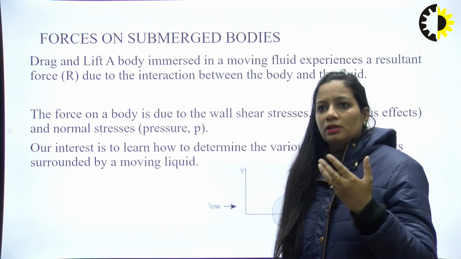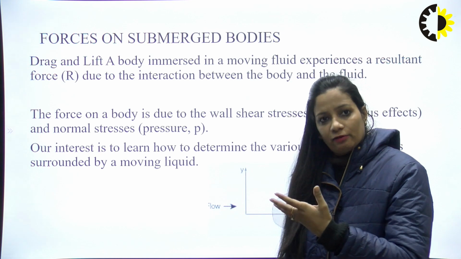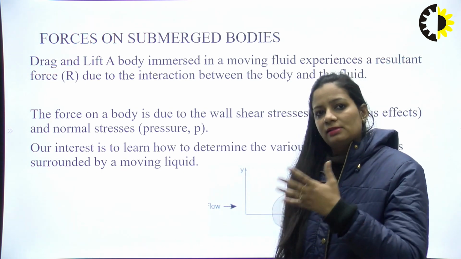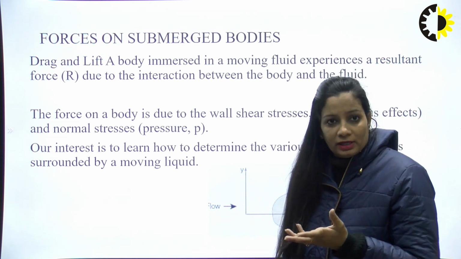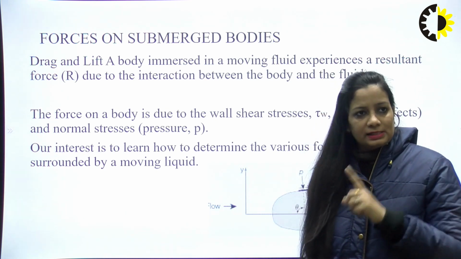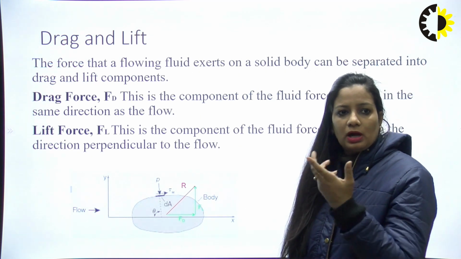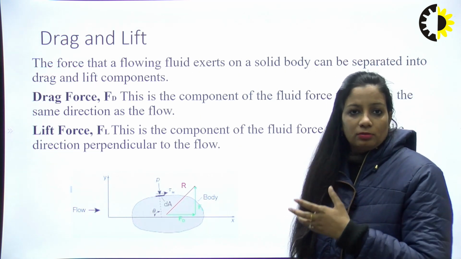We also covered how that flowing fluid exerts pressure, drag force, and lift force, what the resultant force is, and how it acts with the horizontal and how we can calculate it. So all the concepts, like drag and lift, we have already studied.